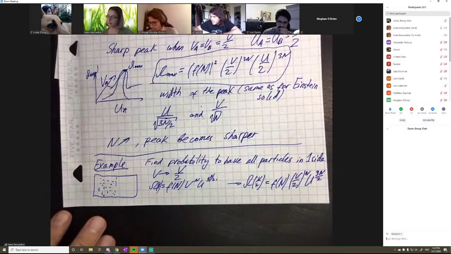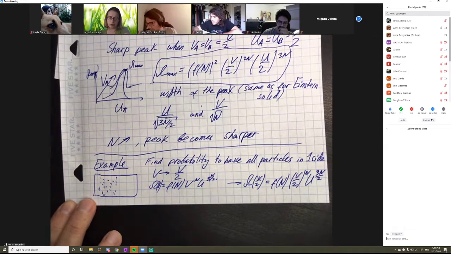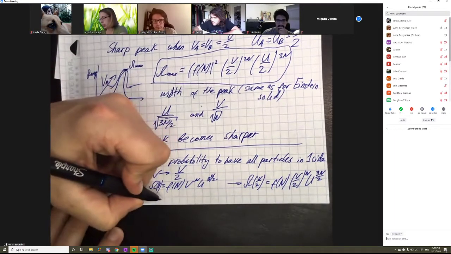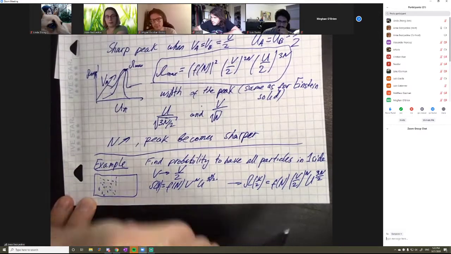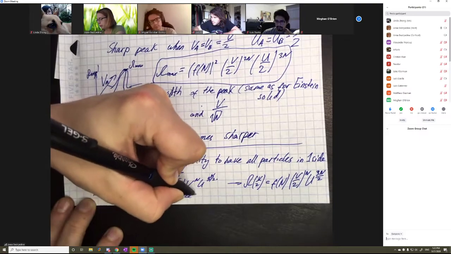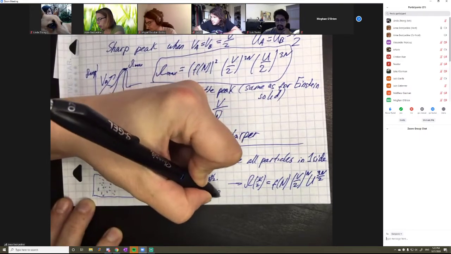Okay. So if we take the ratio of them, we can see that our multiplicity is reduced by 2 in the power of n.